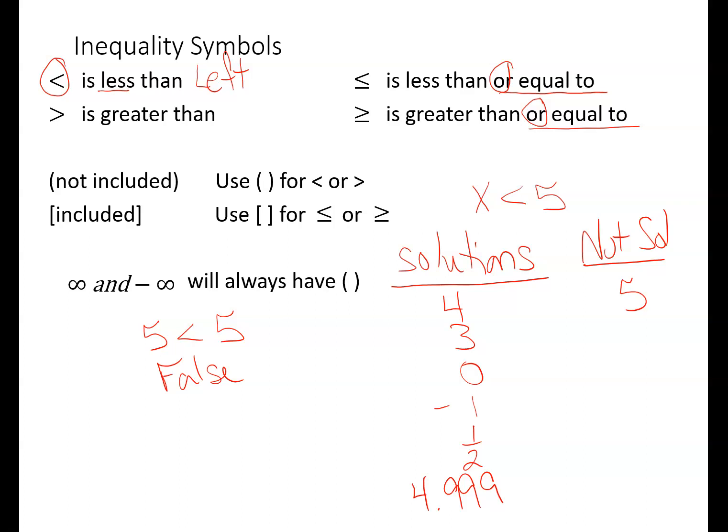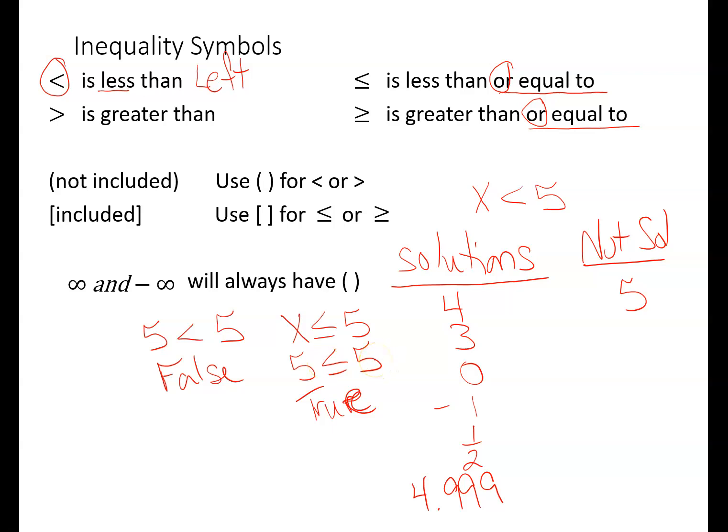Now, if I changed it to x is less than or equal to 5, and then we substituted the 5 in for x, that is a true statement. When we read it, it says 5 is less than or equal to 5.